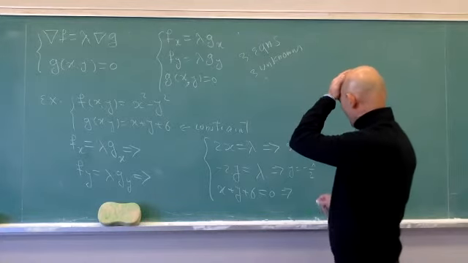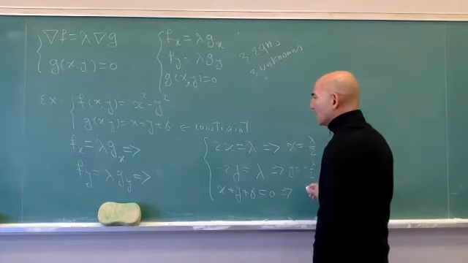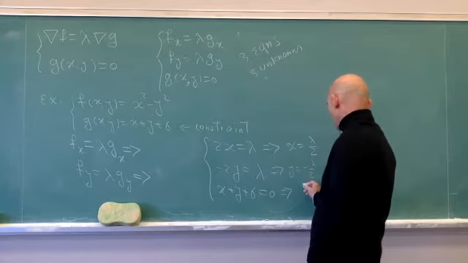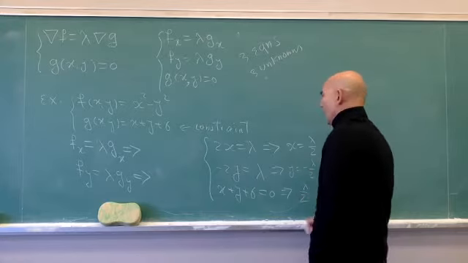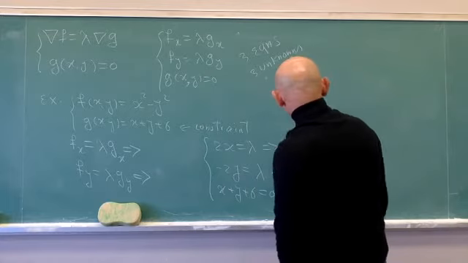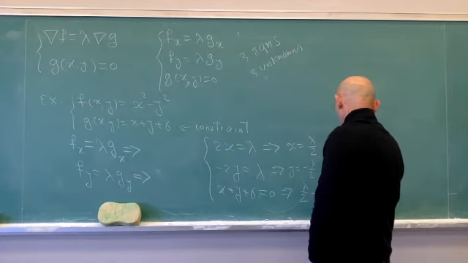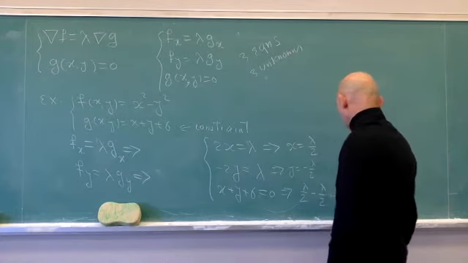So lambda over 2, minus lambda over 2, plus 6 equal to 0. So there is no lambda.